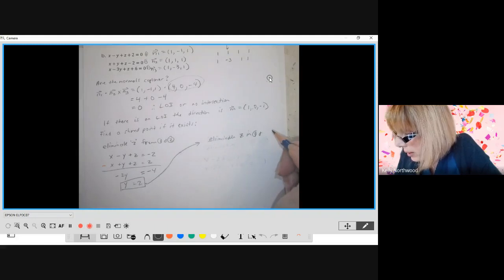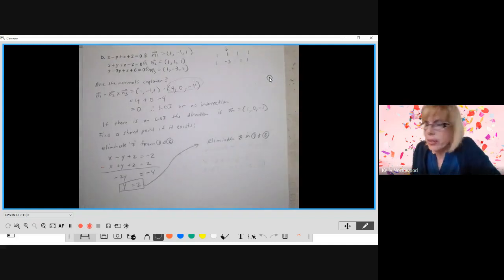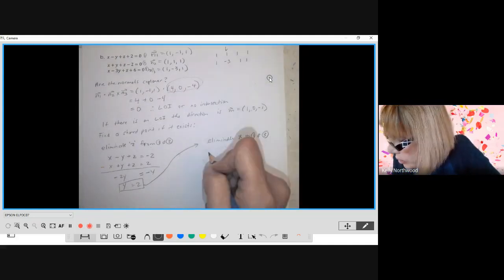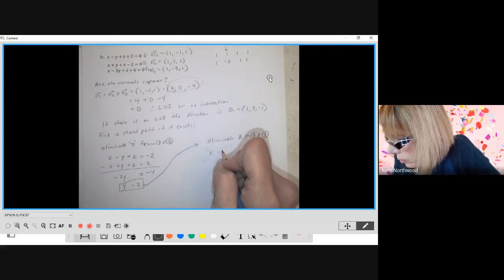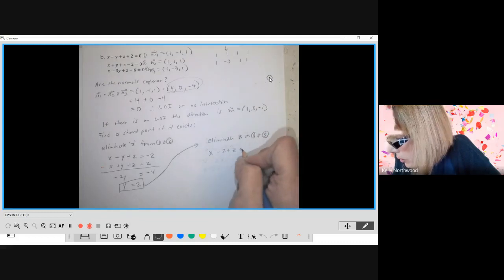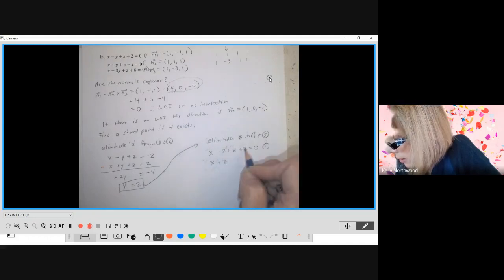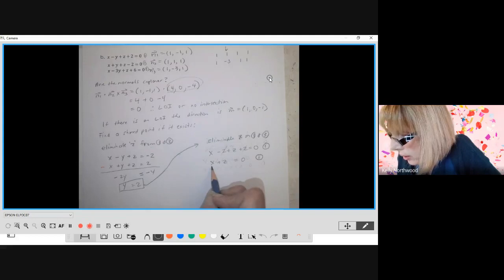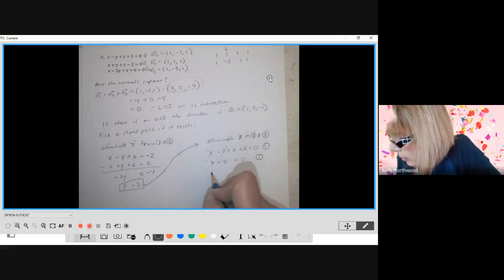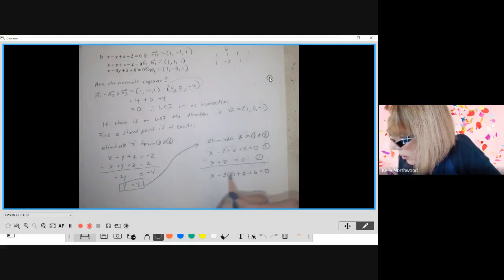But isn't that what we did? Yes, we would have got 0 equals 0. But I just want to show you that we do get 0 equals 0, so we know there's a line of intersection. So we're going to get x minus y, which is 2, plus z plus 2 equals 0. That's equation 1. Rewrite it as x plus z equals 0. Equation 3 is going to be x minus 3 times 2 plus z plus 6 equals 0.